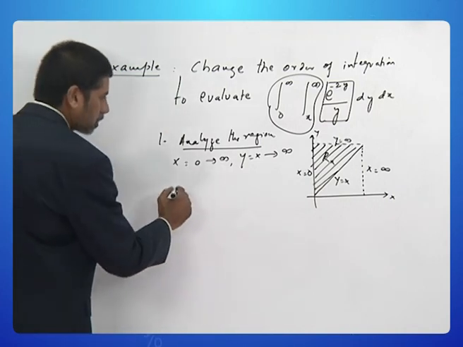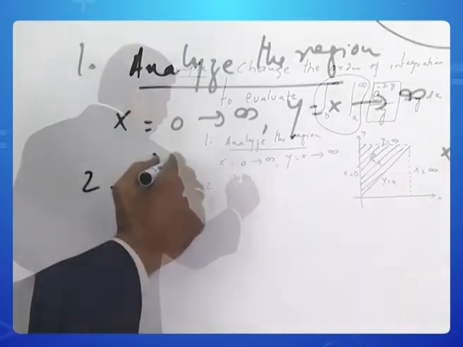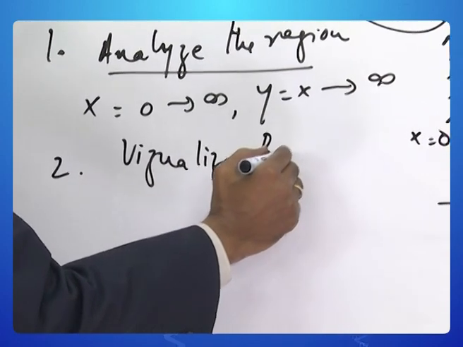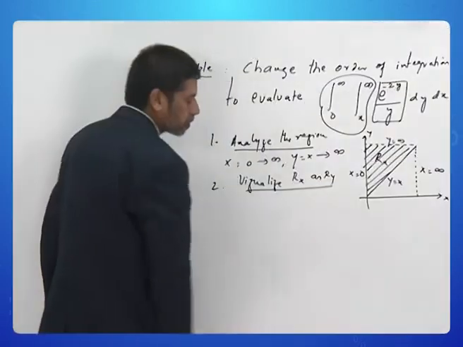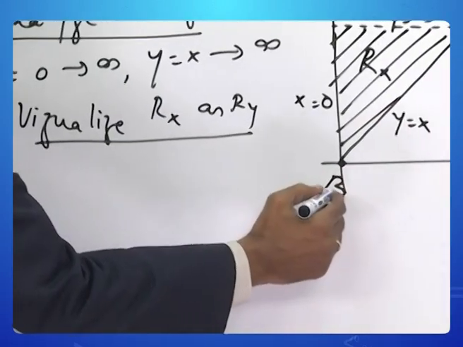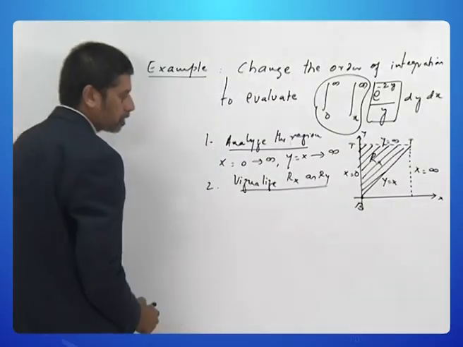So step number 2, visualize Rx as Ry. For that, you must imagine this is the bottommost point and these are the topmost points.